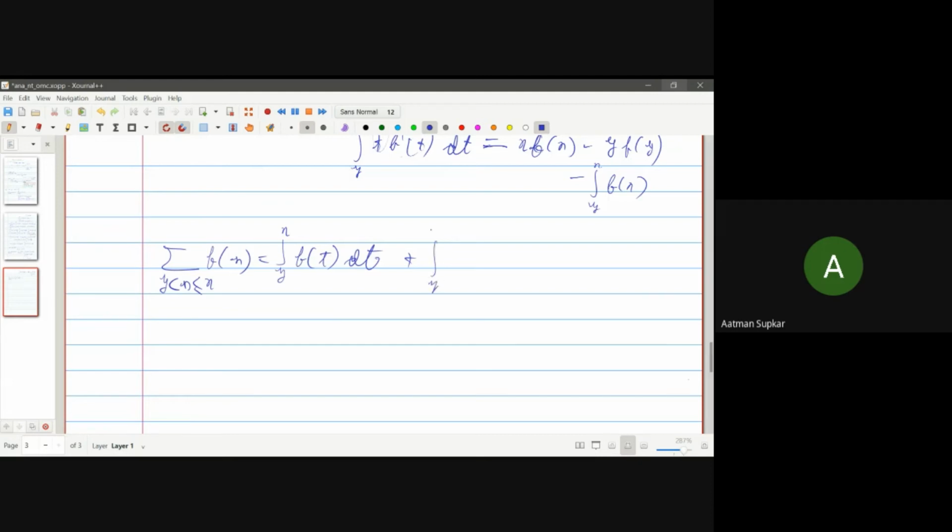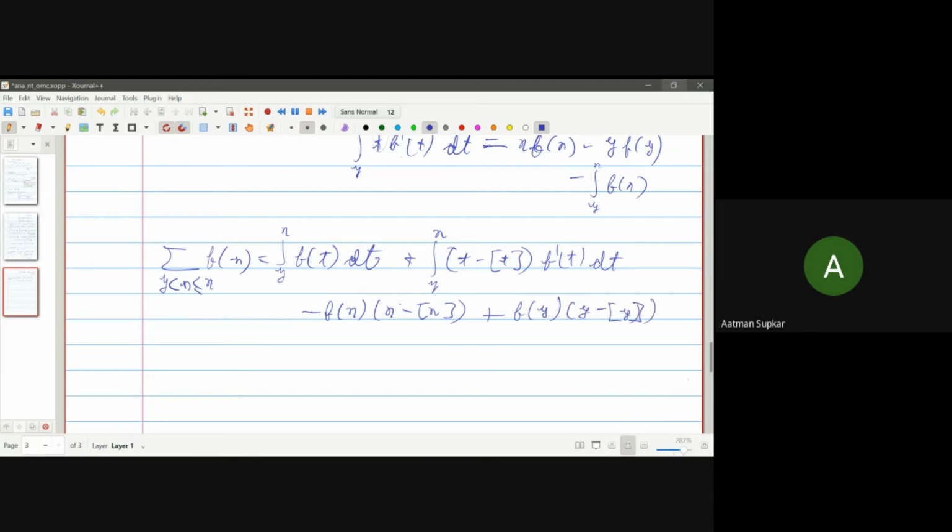That's the integral from y to x of t minus the greatest integer function of t, times f t. Wait, this is f dash t. This is f dash t dt, plus f of x, minus f of x times x minus the greatest integer of x, plus f of y times y minus the greatest integer of y.